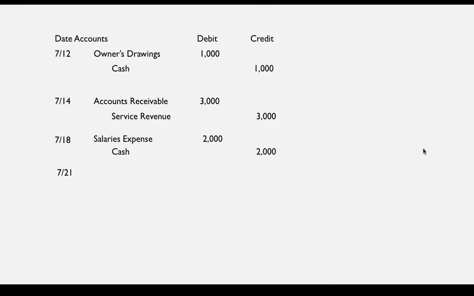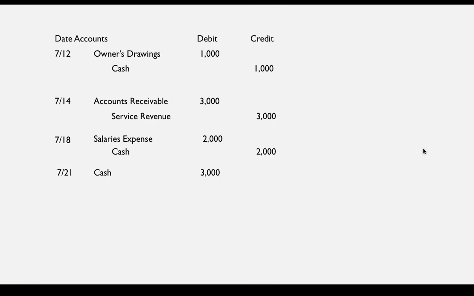Now here on the 21st, it tells us that we received payment in full from customers billed on July 14th. So back on July 14th, we performed these services worth $3,000 and we billed these customers. A week later, they're paying us back. So us as Artichokes LLC, we're getting money. We're getting cash. And whenever we get cash, we want to debit our cash.